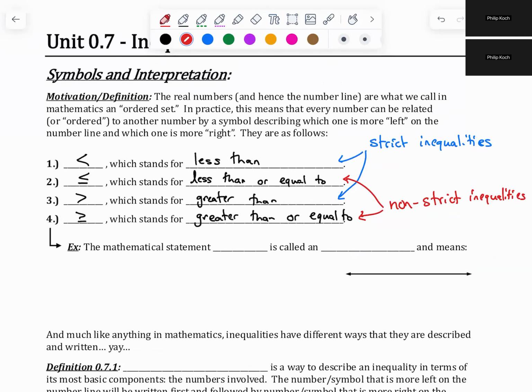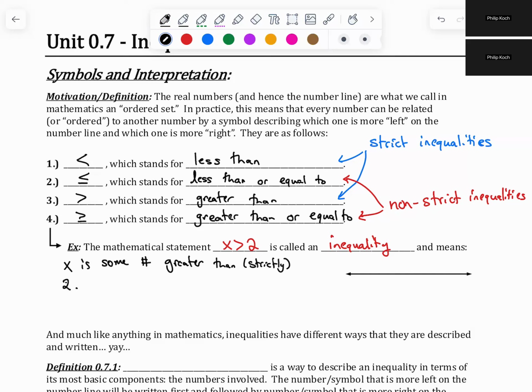For example, if I have the mathematical statement x is greater than 2, that is called an inequality. That means x is some number strictly greater than 2.